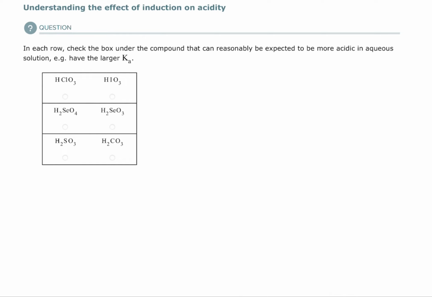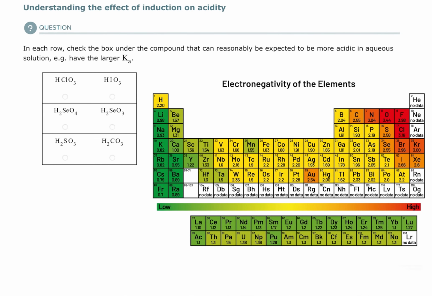The stronger the acid, the more easily that hydrogen falls off. So we're going to look at the other elements that are in this molecule, and the ones that steal electrons are the ones that are going to make it a hydrogen that can be donated easier. So we're looking at the things around it and which one steals electrons more. Well, stealing electrons is the idea of electronegativity. Every element has a certain pull on an electron.